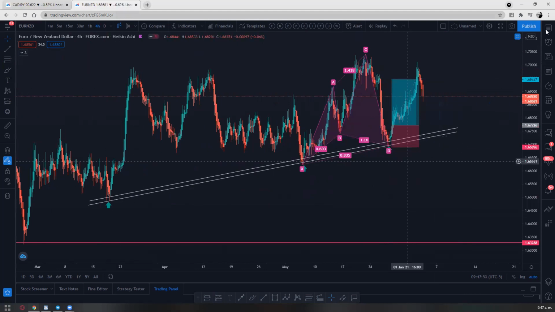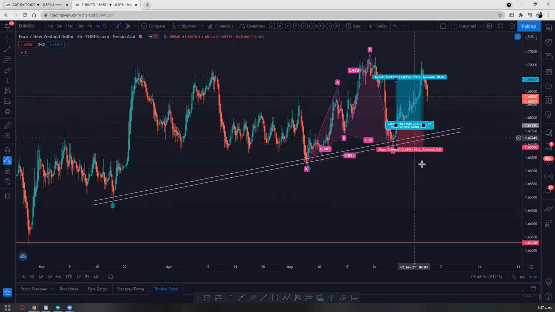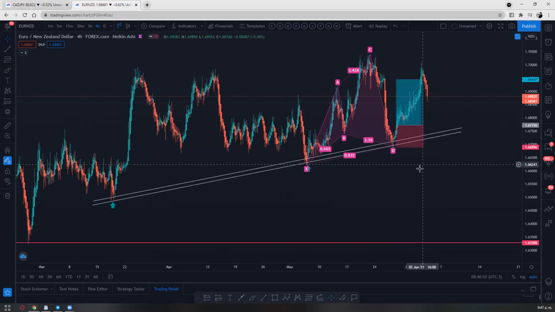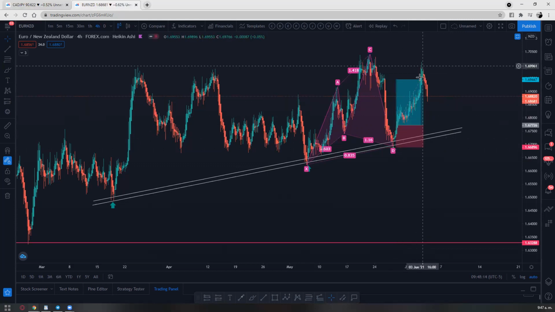I will show you other examples that I found in some other pairs, but this is my rule. As long as I'm applying my rule, I feel comfortable with it, and I'm more comfortable to hold the entry for a longer time.